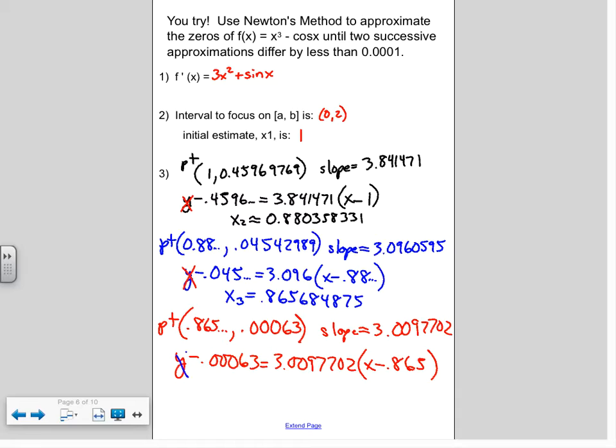All right, 0 for y, and we solve: negative 0.00063 divided by 3.0097702 plus 0.865684875.